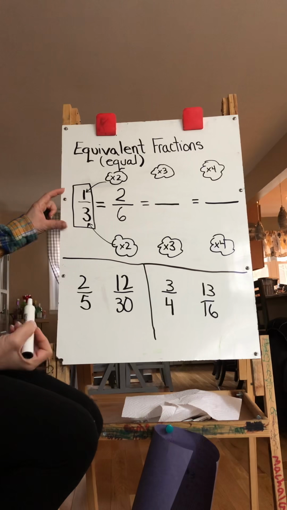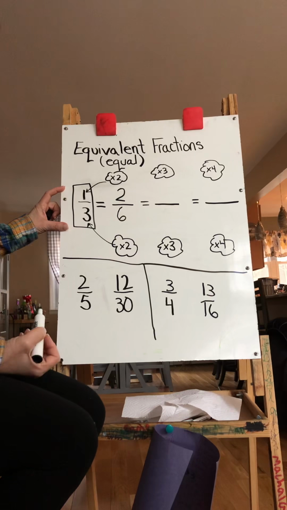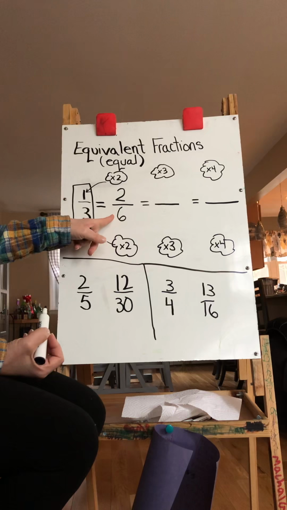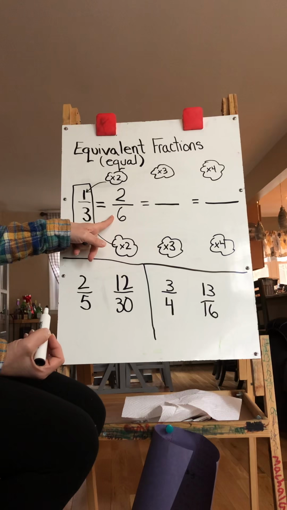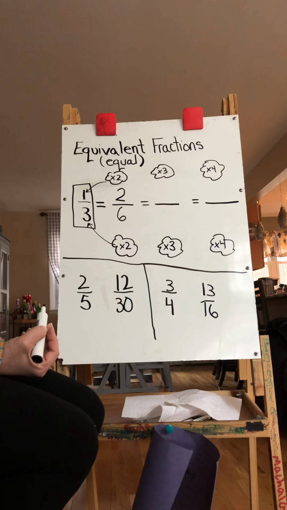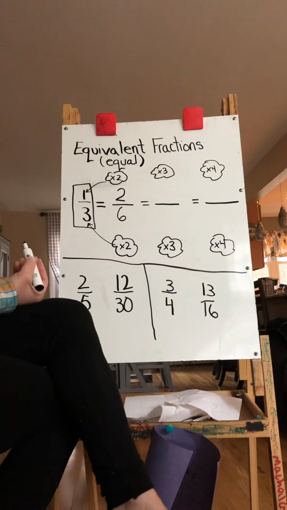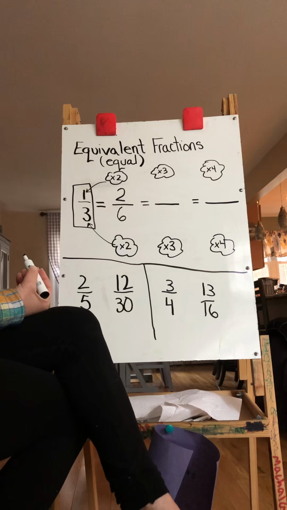If we had a pizza divided into 3 equal pieces and we ate one, and the same size pizza cut into 6 pieces, and someone ate 2 of the 6 pieces, they would eat the same amount of surface area, so therefore they are equal. And that would be in your explanation. They are equal because they cover the same amount of surface area.